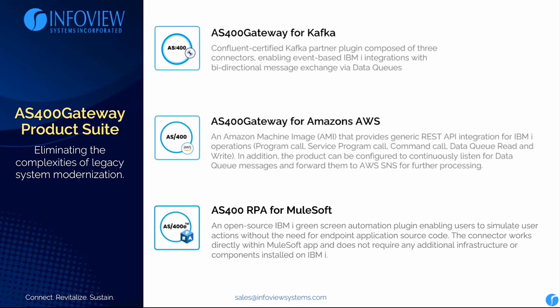The AS400 Gateway for AWS is an Amazon machine image that provides generic REST API integration for IBMI operations. As for the AS400 RPA, this is an open source IBMI green screen automation plugin enabling users to simulate user actions without the need for endpoint application source code. The connector works directly with MuleSoft app and does not require any additional infrastructure or components installed on the IBMI.